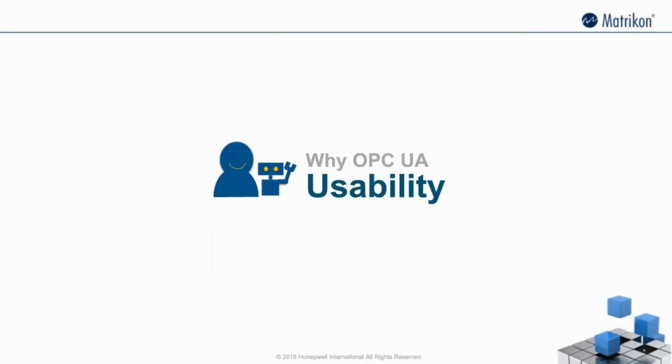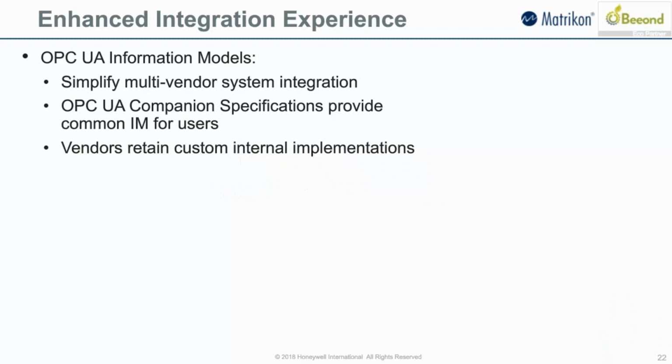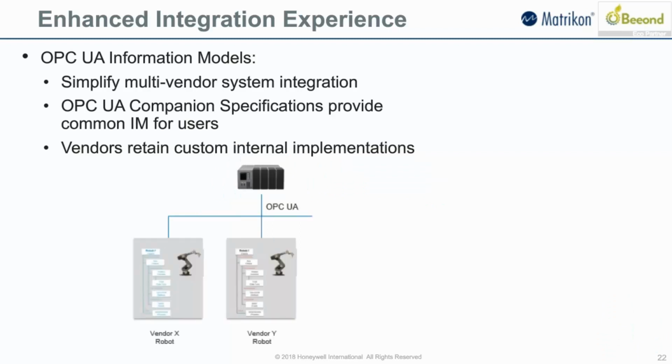All right, moving along. The next one is usability. We talked about the information models, and sometimes people are curious, well, so what? I have an information model, what does that mean? Basically, if you're able to model different devices, whether it's a robot arm or any other type of equipment that you're trying to bring together, and let's say you have a number of these units, when you're commissioning a new one, if you expose the same model, then regardless of what the internal variables and states are for that piece of equipment, because it's abstracted through the information model being expressed, everybody actually talks the same way.